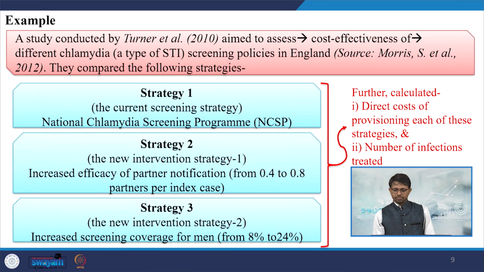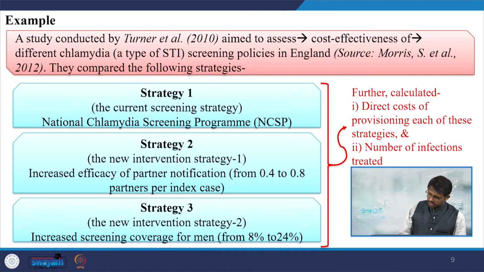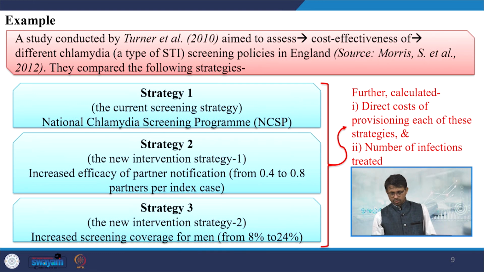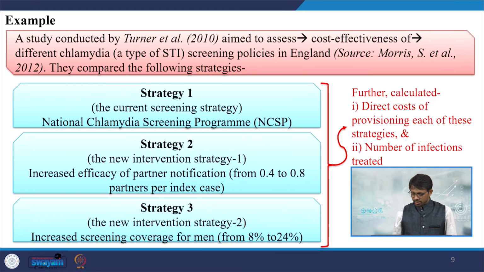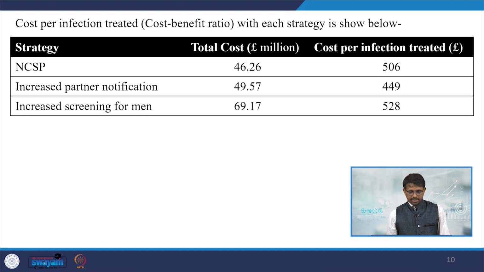Further, this is calculated for the direct cost of providing each of these strategies and the number of infections treated. We will see how the direct costs and the number of infections treated are calculated. Cost per infection treated, we will take the cost benefit ratio with each strategy as shown before.